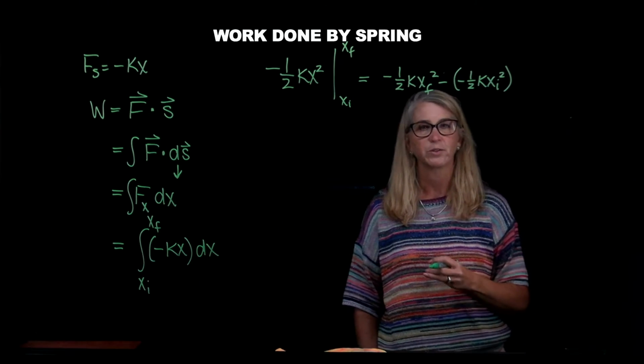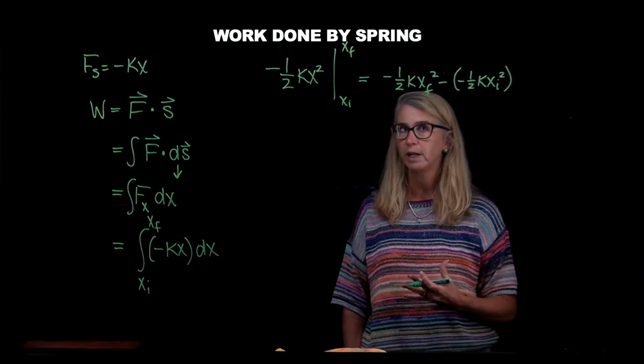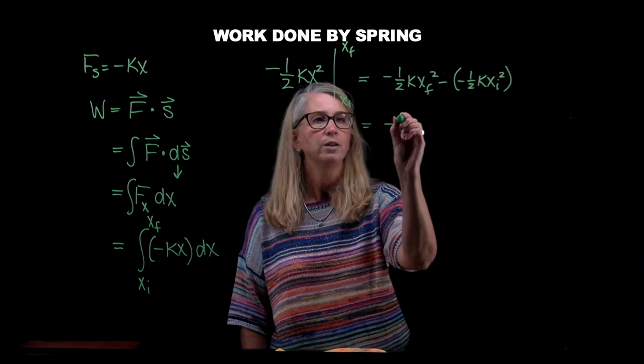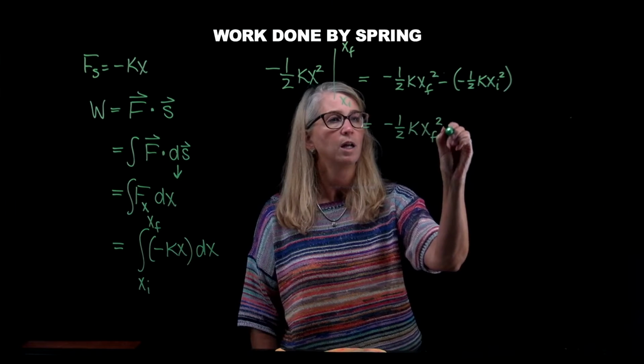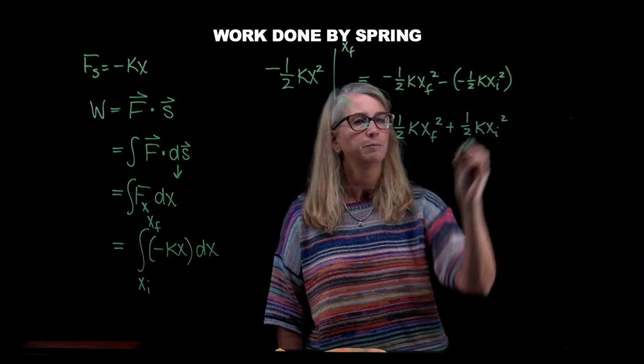The negative sign makes things a little tricky as we're evaluating at the endpoints because we just have to be careful. And we notice that this ends up to be minus 1/2 kx final squared plus 1/2 kx initial squared.